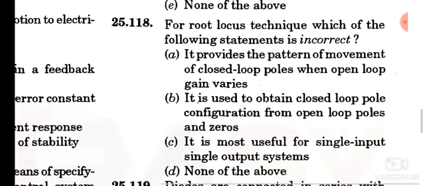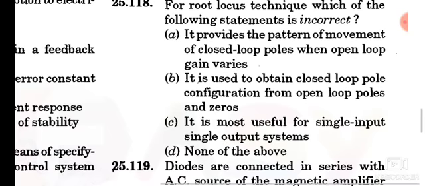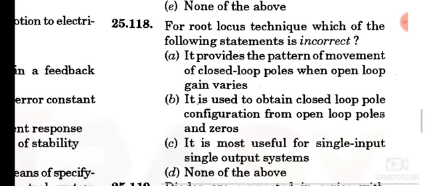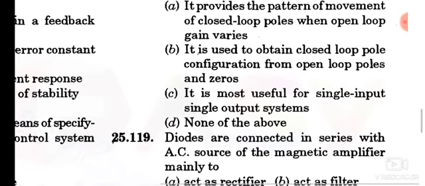Second, it is used to obtain closed loop pole configuration from open loop poles and zeros. It is most useful for single input and single output systems. These statements are correct for root locus techniques. So option D is the correct answer.